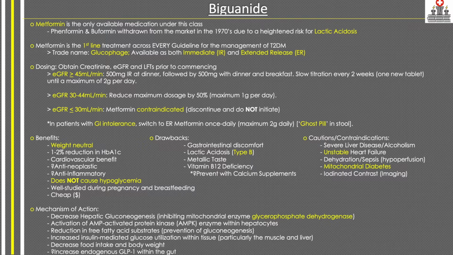Long term, it appears as if metformin depletes the absorption of vitamin B12. For this reason, many guidelines would suggest measuring vitamin B12 annually after a certain amount of time they have been on it. And it's also important to note that vitamin B12 deficiency can lead to a neuropathy.